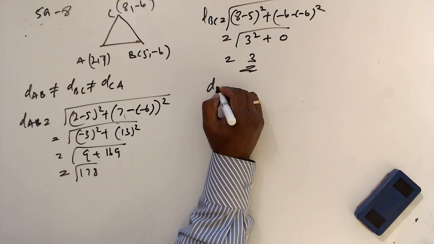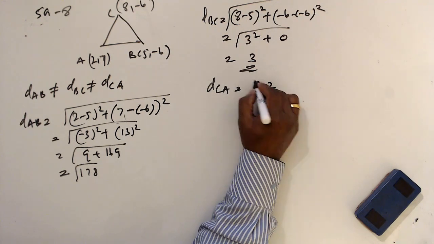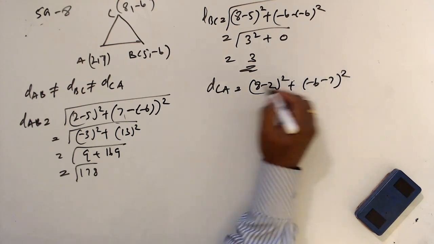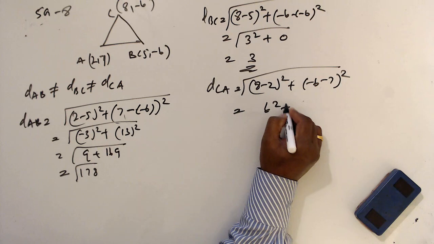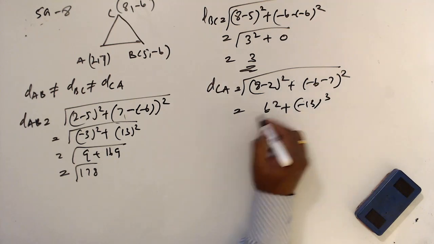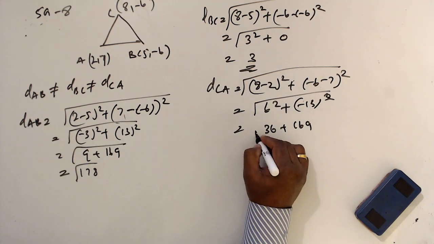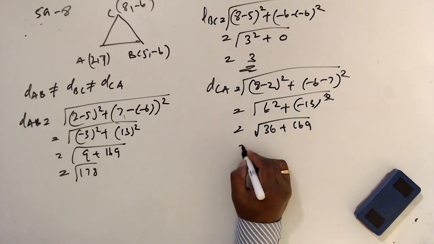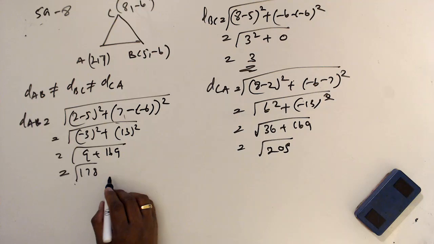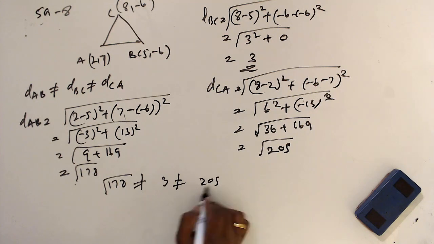And DCA: 8 minus 2 squared plus minus 6 minus 7 squared, 6 squared plus minus 13 squared, 36 plus 169, 205. Now you can see that 178 is not equal to 3, which is not equal to 205.